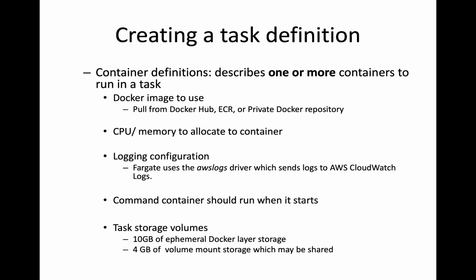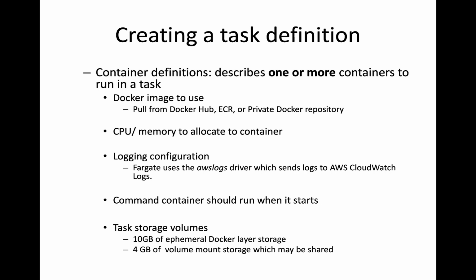We can specify a command that the container will run when it starts up, and these containers have access to some storage within Fargate, which is kind of nice. There's 10 gigs of ephemeral Docker storage that's available to our containers. And there's 4 gigs of what we call volume mount storage that the containers within a task can share.